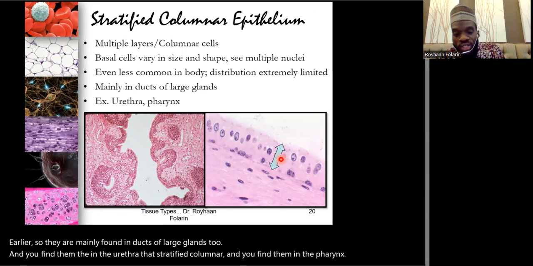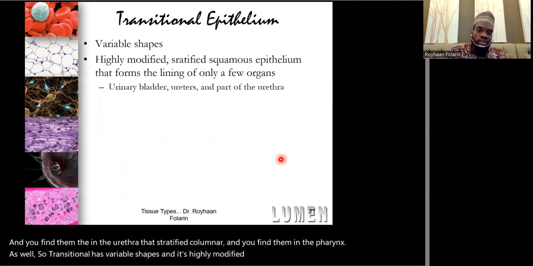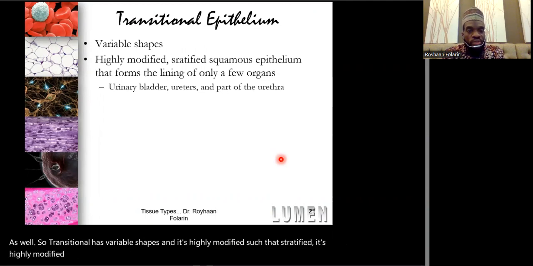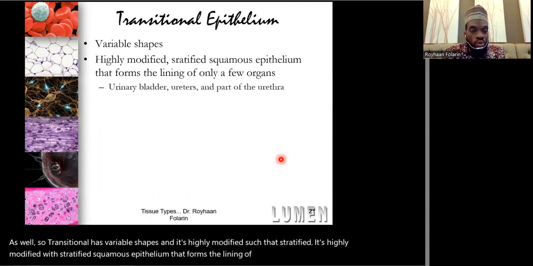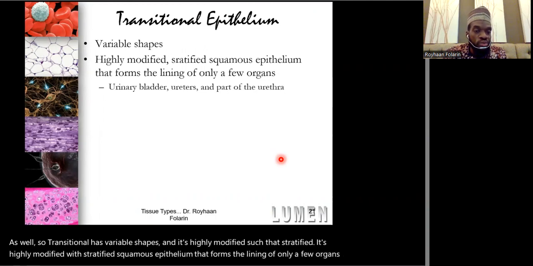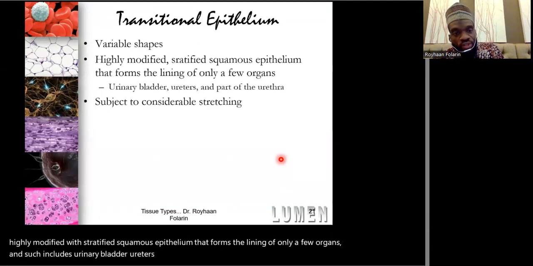Now, transitional epithelium has variable shapes and it's highly modified, with stratified squamous epithelium that forms the lining of only a few organs. Such include the urinary bladder, ureters, and part of the urethra.